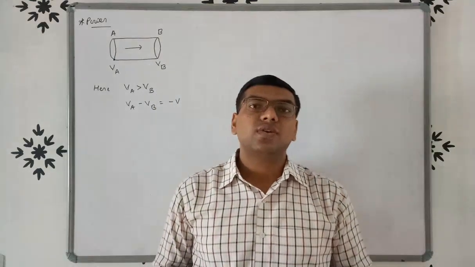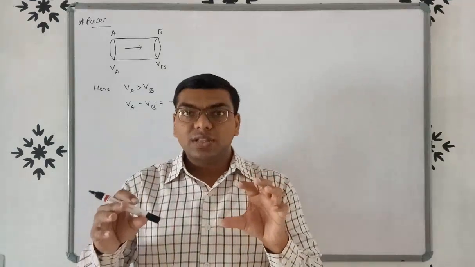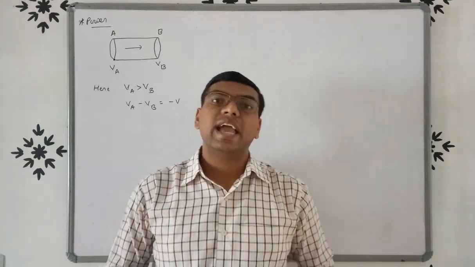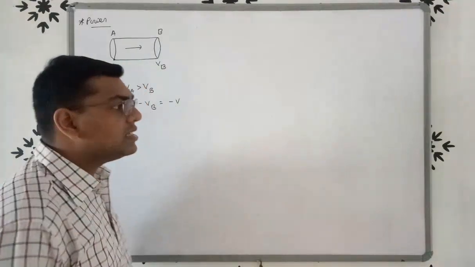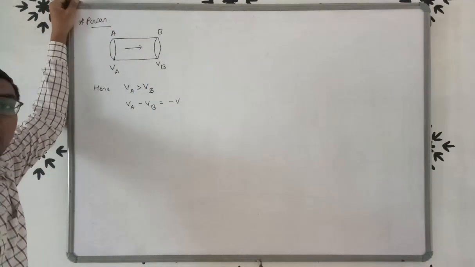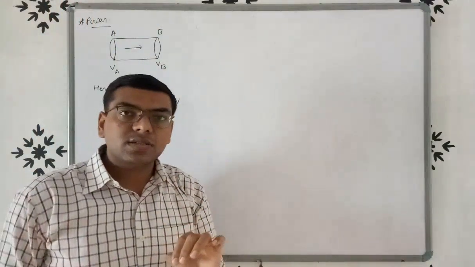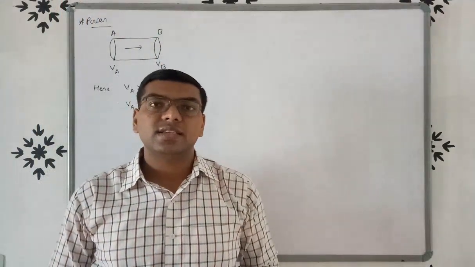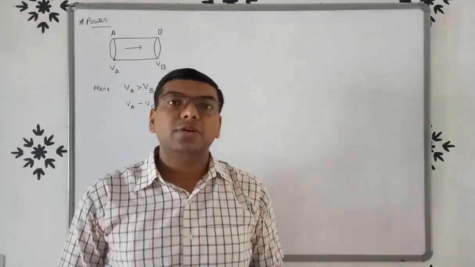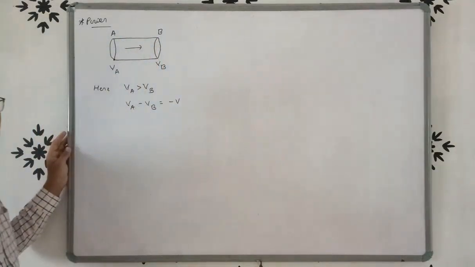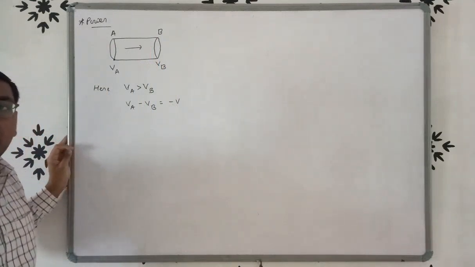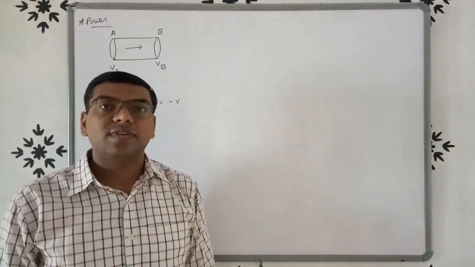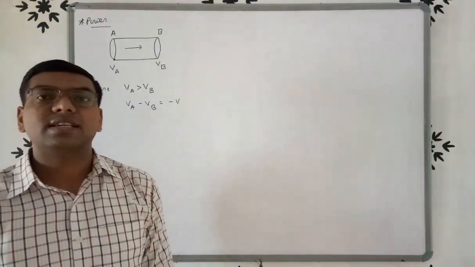So due to the collision between electron and ion, the ions get energy, and we get this energy in the form of heat, because when there is a collision between electrons and ions, the ions get energy, and due to this the conductor is heated up. So we can say that there is a loss of energy in the form of heat, right? Or we can say there is a loss of power.